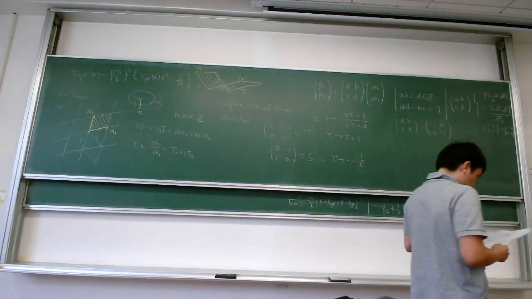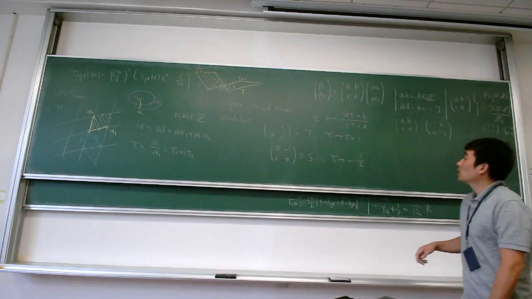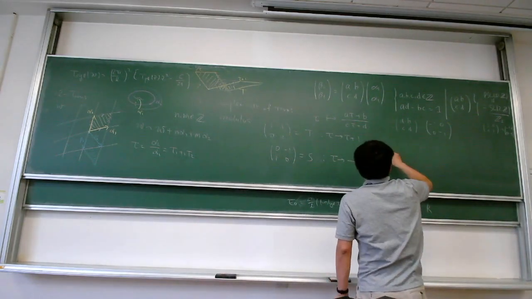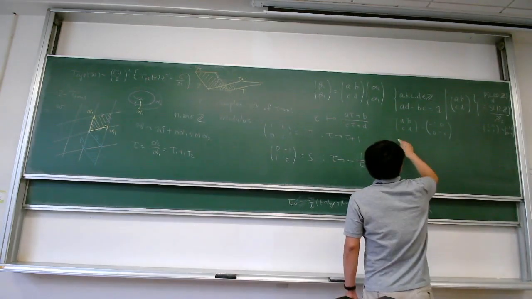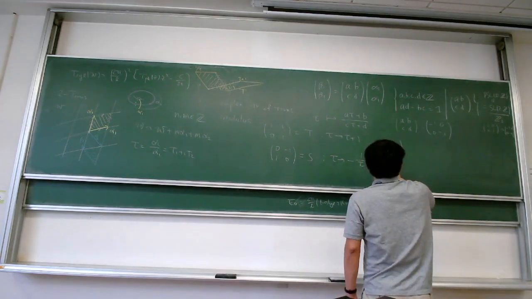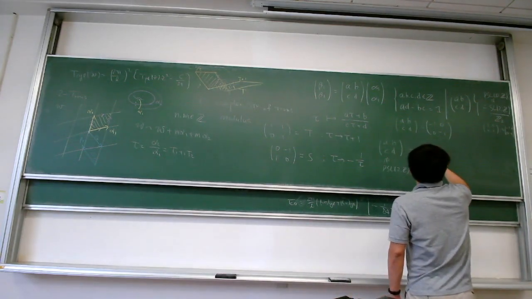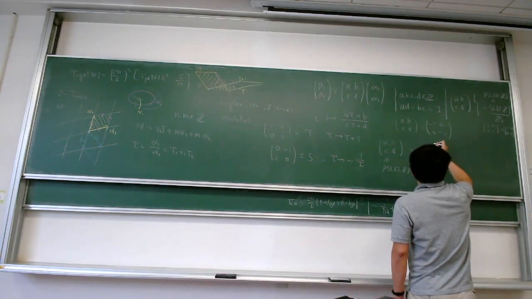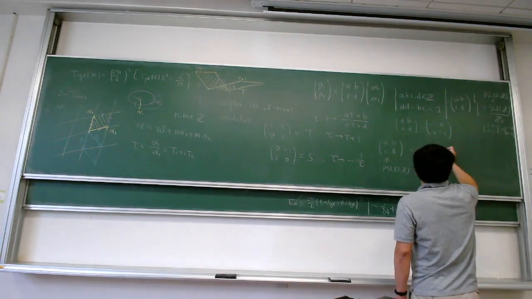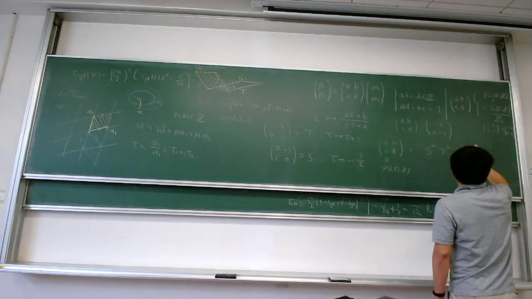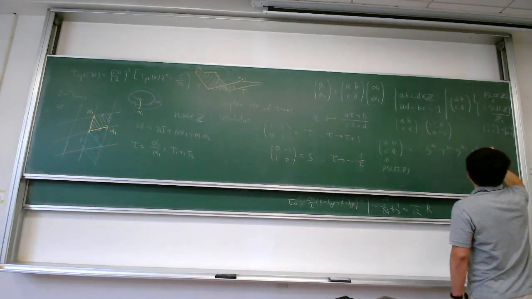Okay, so that's really what happened. In fact, any element ABCD in PSL2Z can be written as S to some power, T to some power, S to some power, T to some power, and so on.